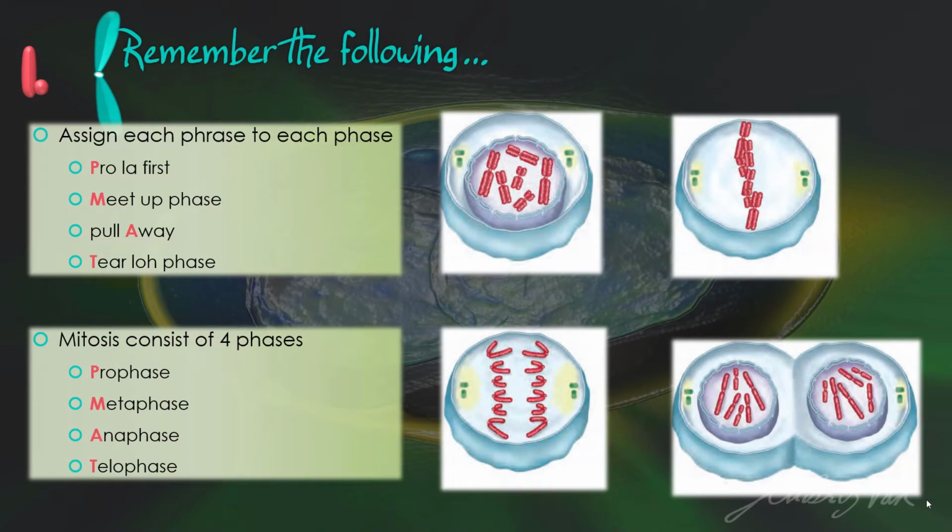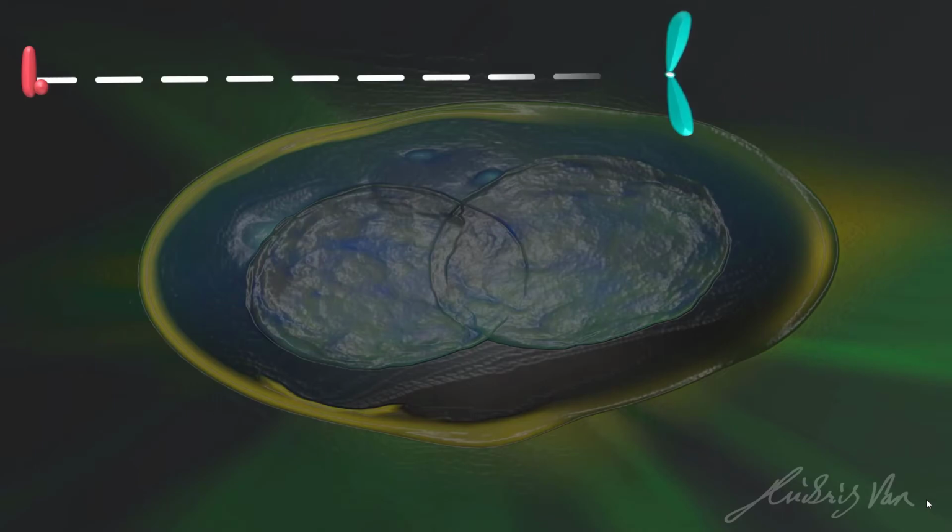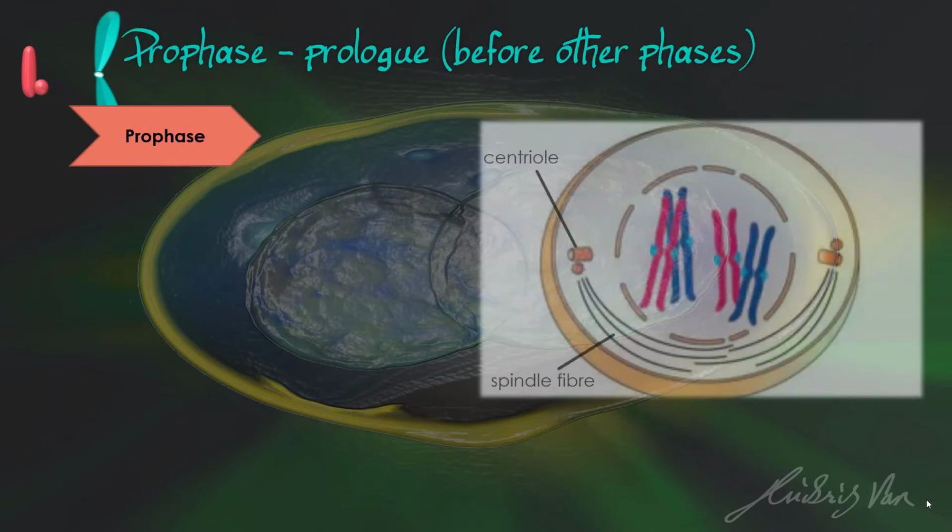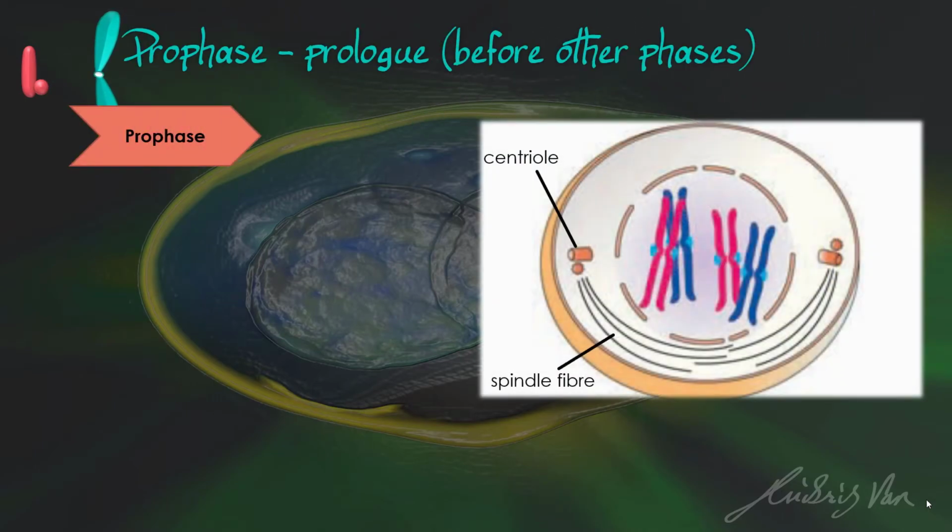Now that you have learned about the 4 stages of mitosis, let us briefly summarize what you have learned. The first stage is called the prophase. What is not shown in the video is the spindle fiber. The centriole, which was represented by the paperclip, will still be there, but this spindle fiber was not shown in the video.